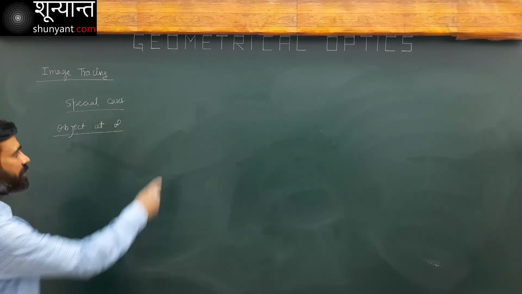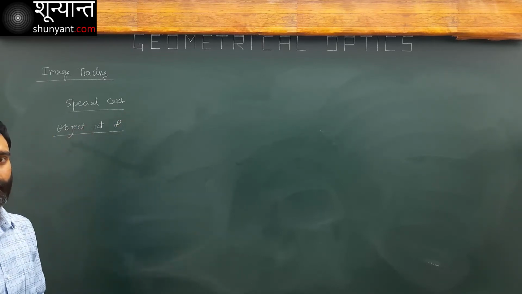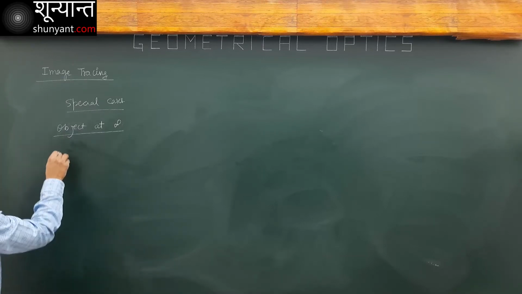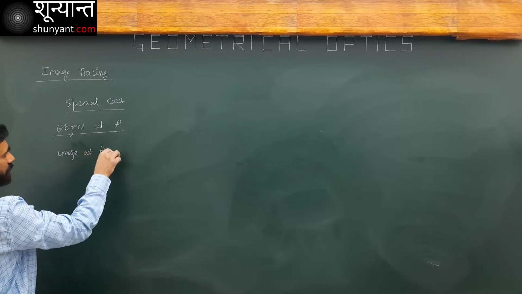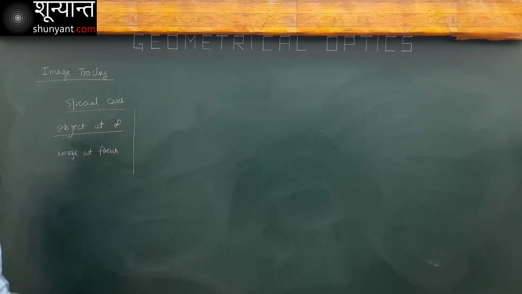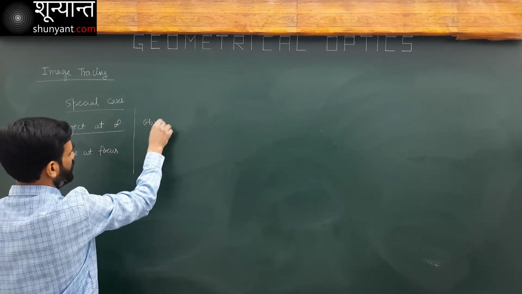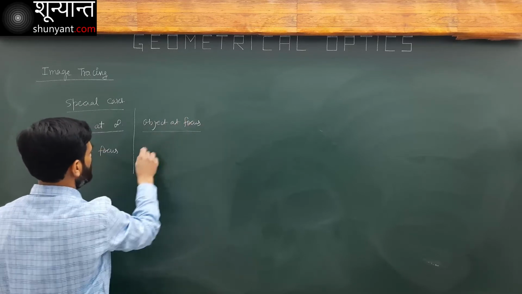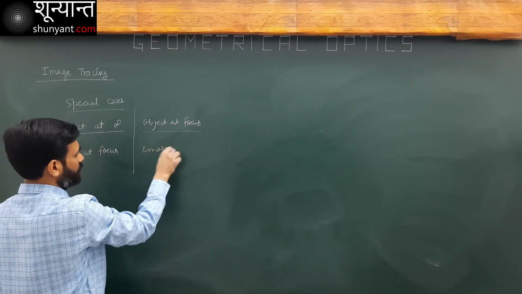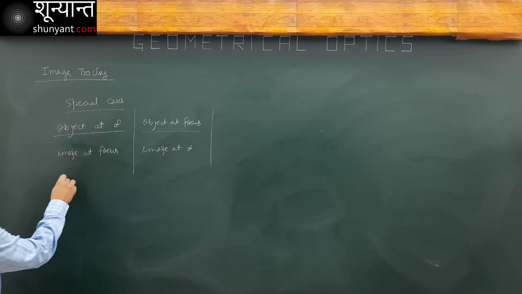Where will be the image? Image at focus. We will see. Now reverse it. Object at focus, image at infinity. How?